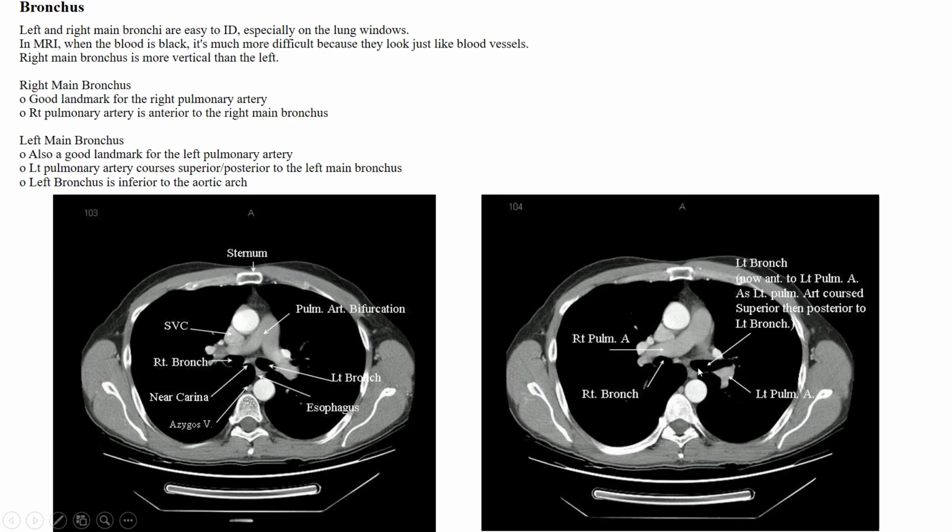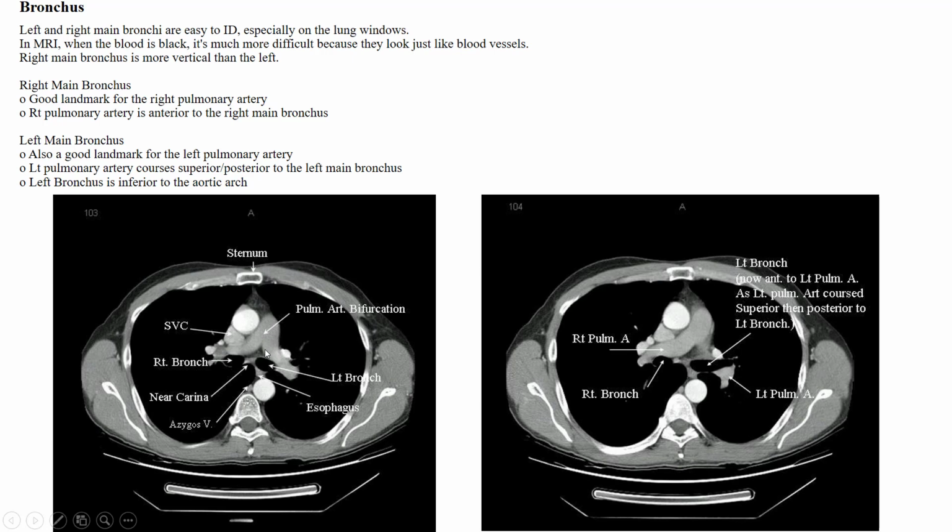And so we are well past the carina because we have the two bronchi in both images. And once again, we have the spine here, the descending aorta, the ascending aorta, pulmonary artery bifurcation, right and left pulmonary arteries. And as we mentioned, the right bronchus is more vertical than the left, and the level where the carina bifurcates is about the same level as the pulmonary artery bifurcation.